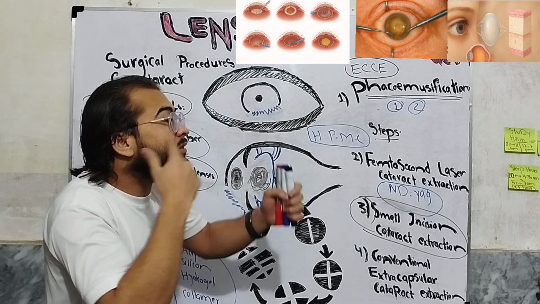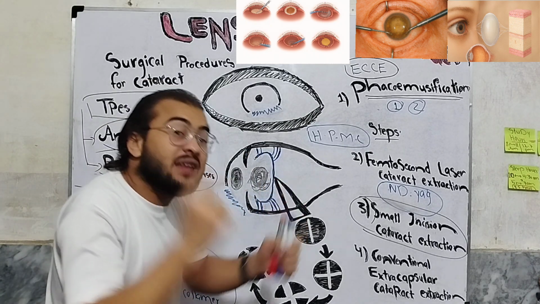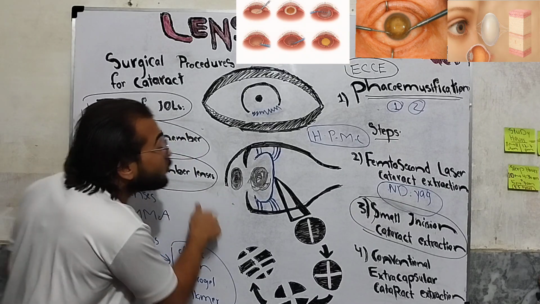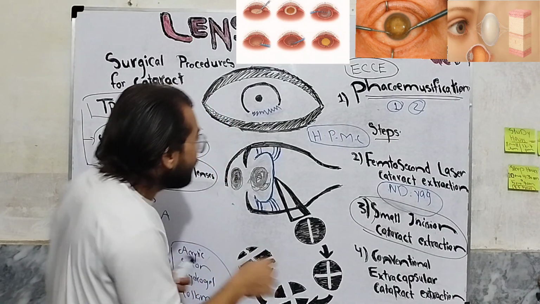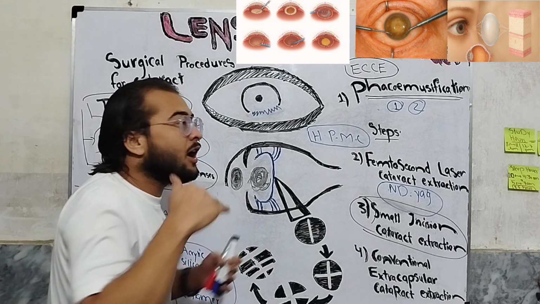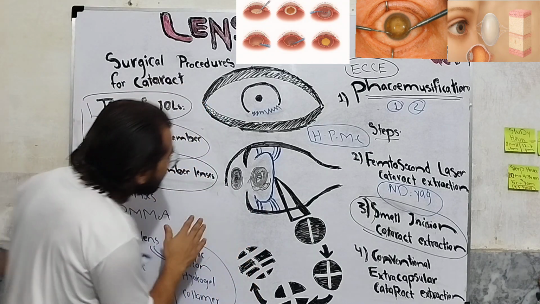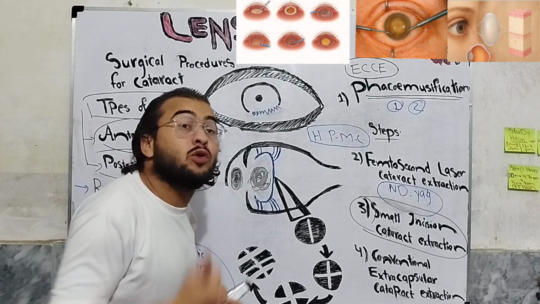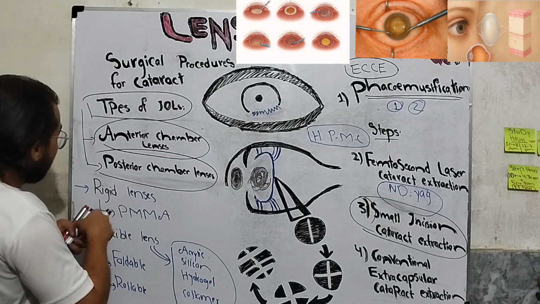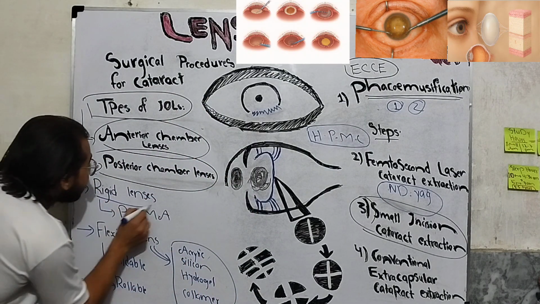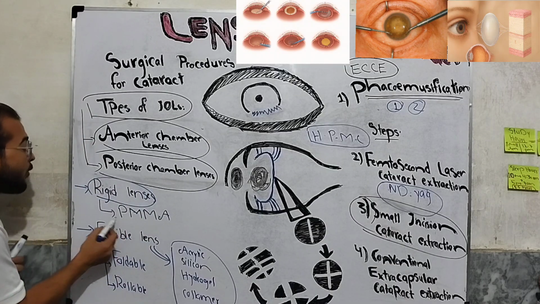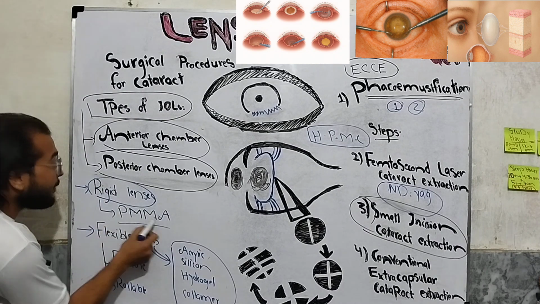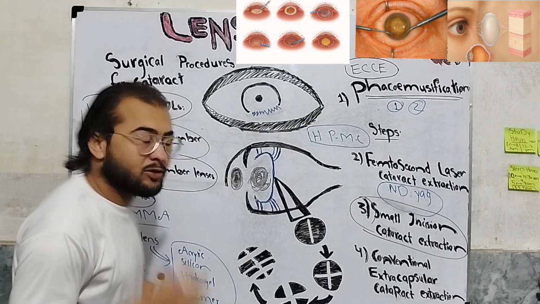Rigid lenses require an incision equal to their diameter, because a rigid lens cannot be flexed or folded. These rigid lenses are mostly made of polymethyl methacrylate, PMMA.